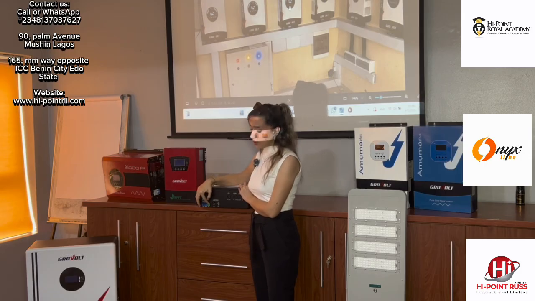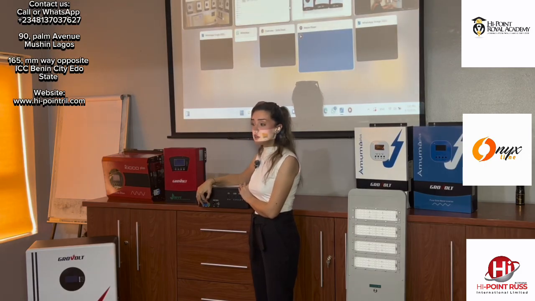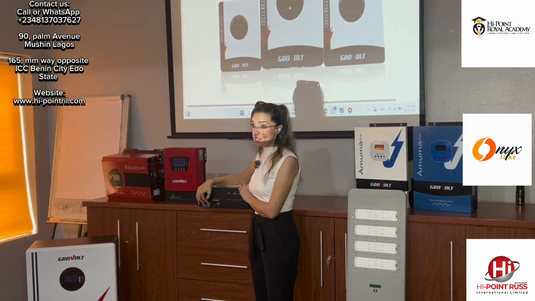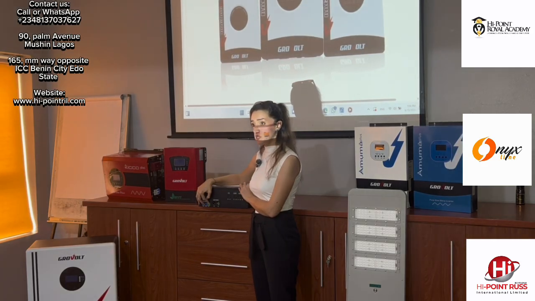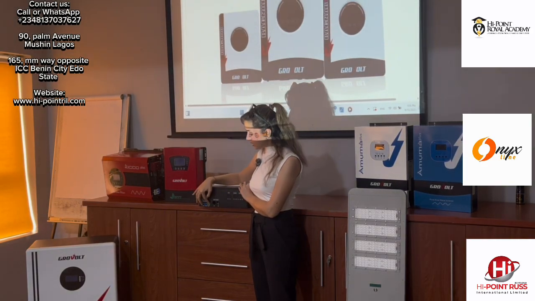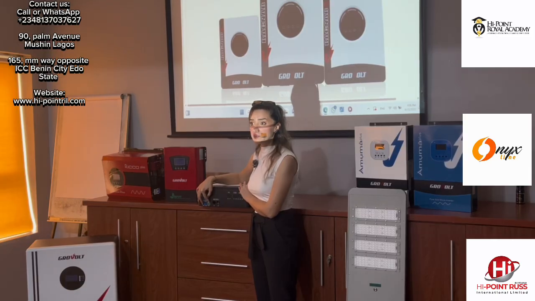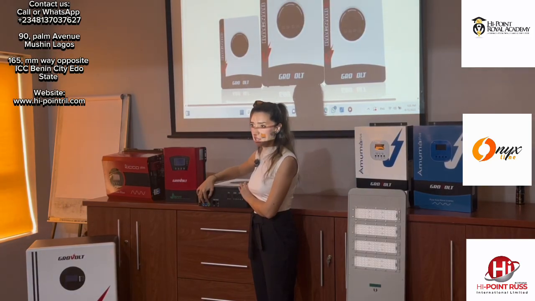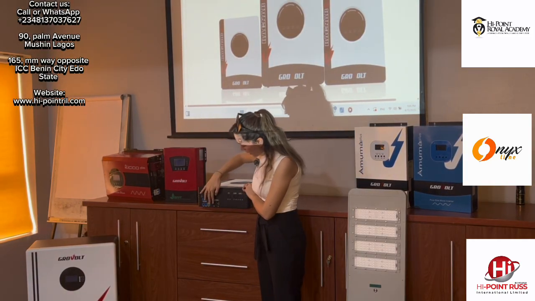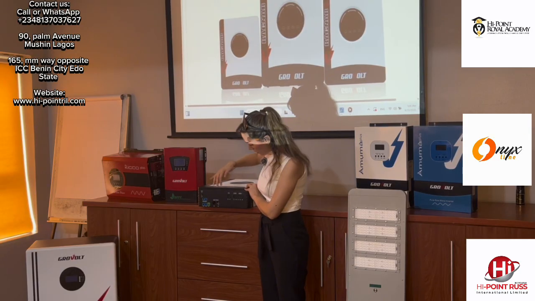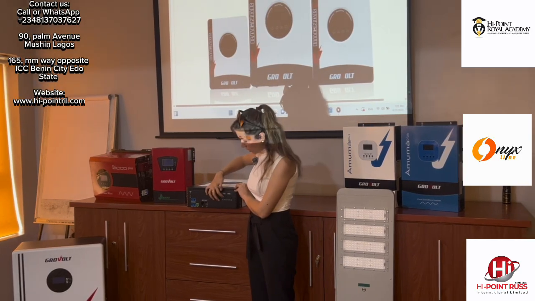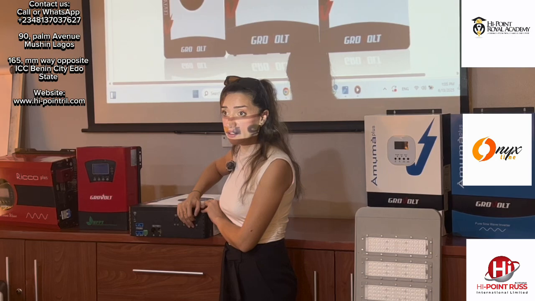Here we have a dry contact. A dry contact, we use it to turn a generator on and off automatically. So if you want to turn on the generator when your battery percentage is maybe 40%, you can use this dry contact. Here are the battery ports, PV, load and grid.